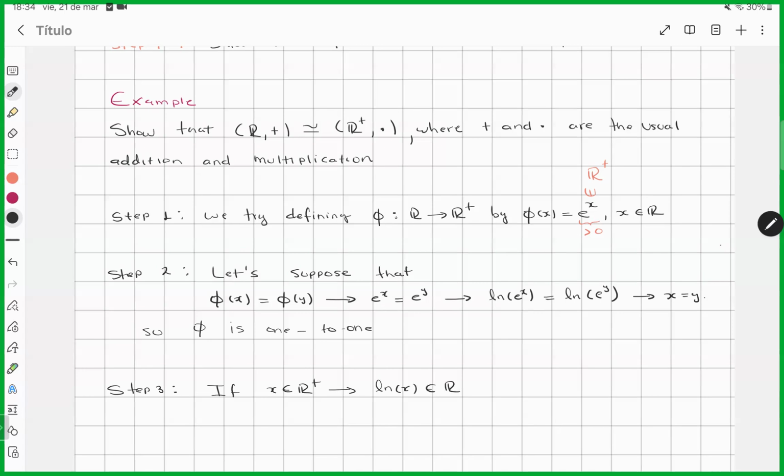Okay, we found a real number. And we have the following. And observe that phi of this value is equal to this, which is equal to x. So we have already proved that phi is surjective.